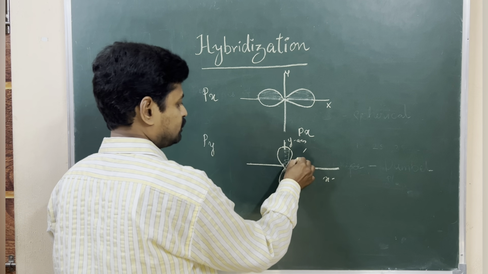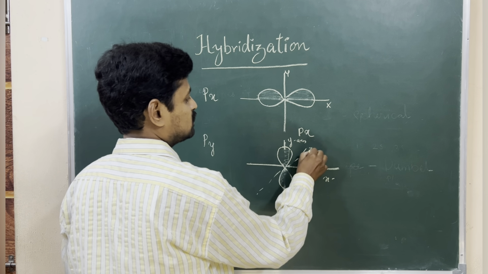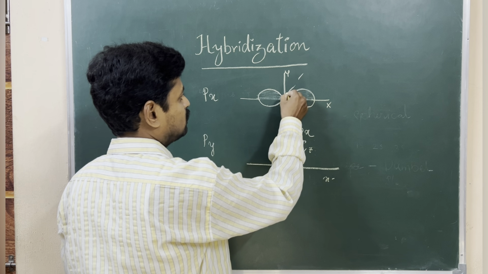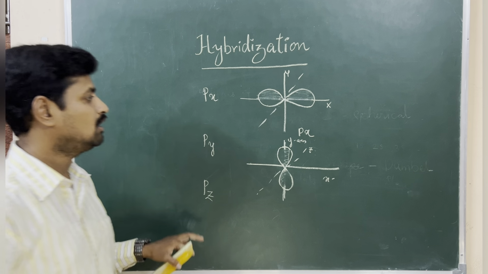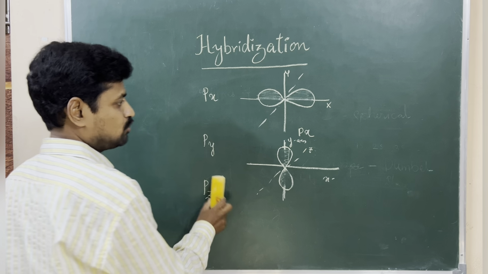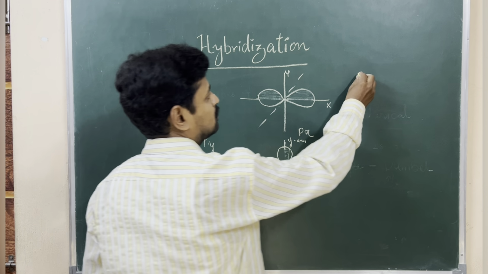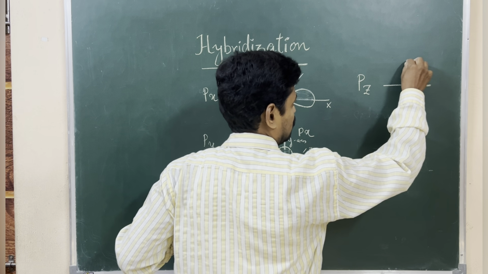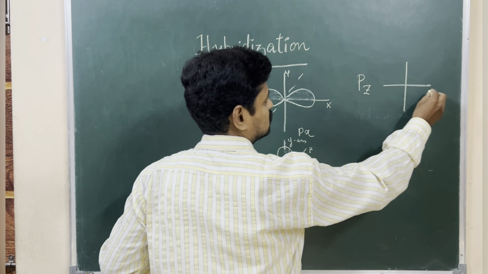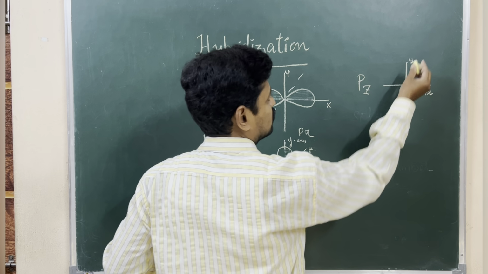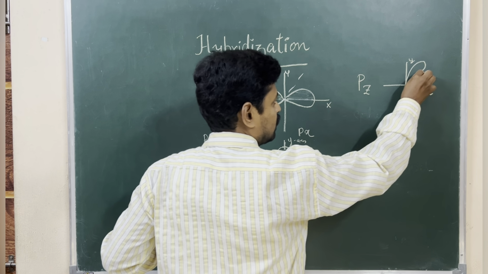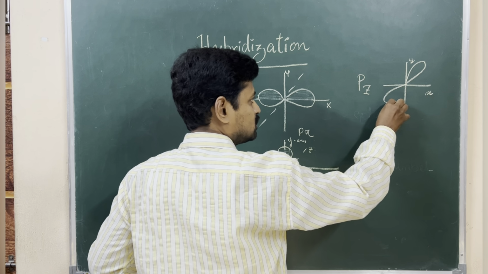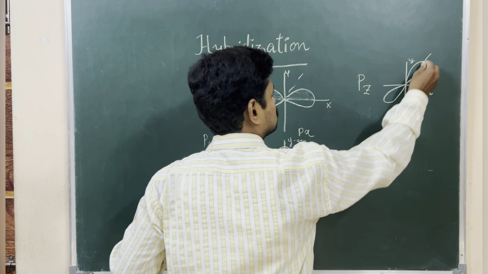Here also we have the z axis. Now 2pz, I am drawing somewhere over here: the x axis, the y axis, and this is the pz axis.